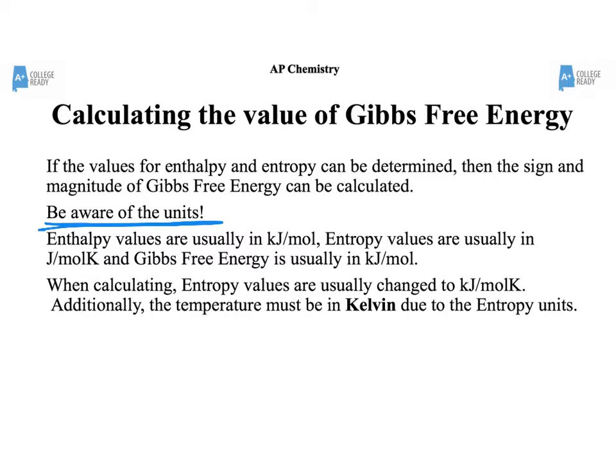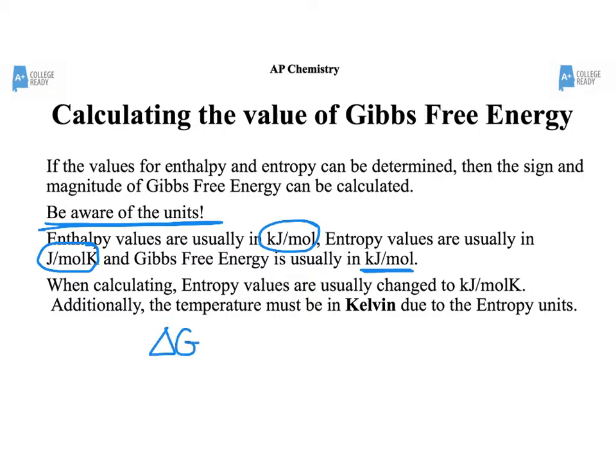Enthalpy values are in kilojoules per mole, but entropy values are in joules per mole Kelvin, and delta G is usually in kilojoules per mole. So if you're going to use the calculation, you're going to have to watch out for your units, and something is going to have to get converted.